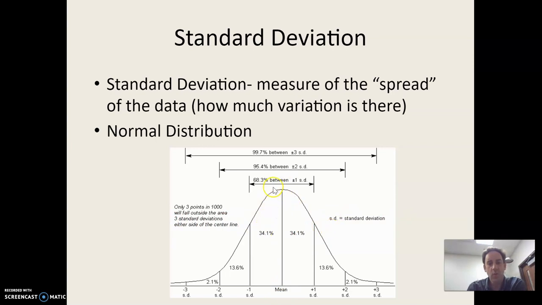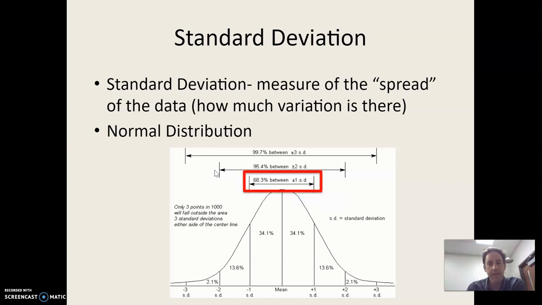And we say that one standard deviation is defined as encompassing 68.3% of the data. So on either side, it's 34.15% and 34.15% of the data within one standard deviation. 2 standard deviations will encompass 95.4% of the data. 3 standard deviations encompass 99.7% of the data.